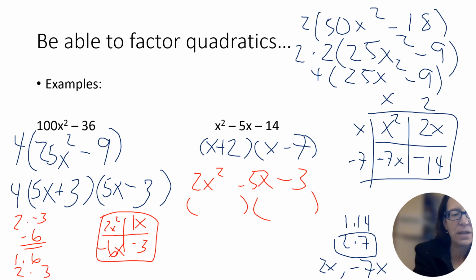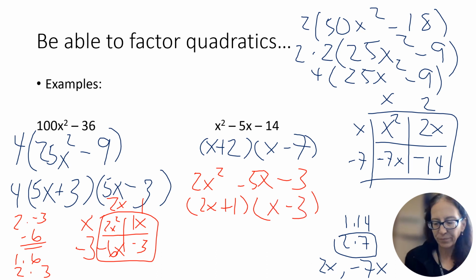I'm going to avoid big numbers, and I'm going to avoid negatives if I can. So GCF going to the left is just x, and then that's 2x, and that's a 1, and this is a minus 3. And so my factors are 2x plus 1 and x minus 3.